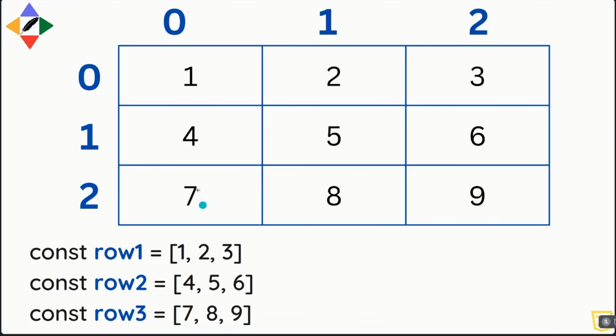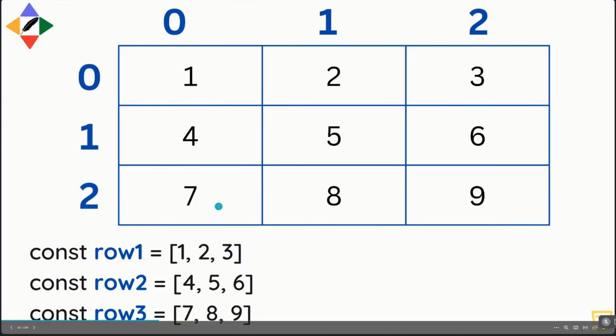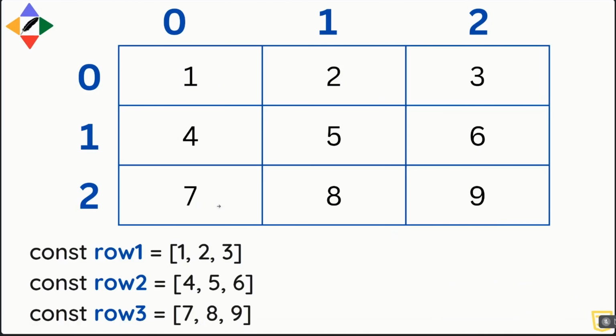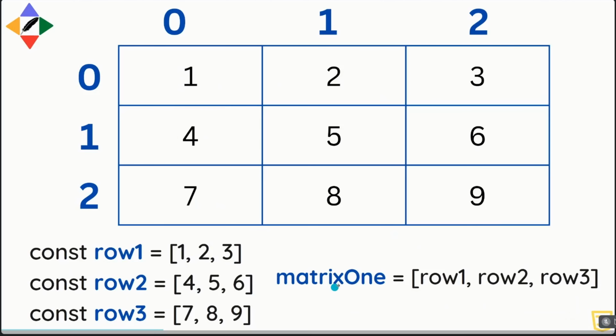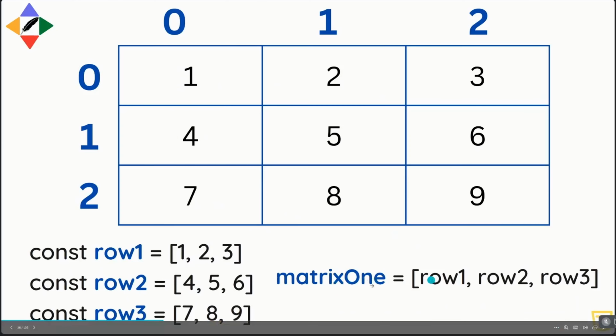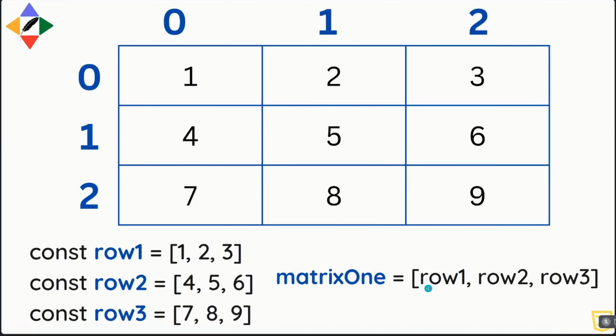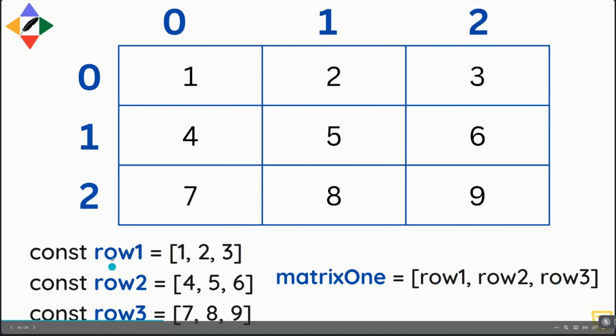So now I have these three rows as three individual single dimensional arrays. Now I want to put these arrays into another array. I can create a matrix which is the outer array, matrix 1, which contains the inner arrays row 1, row 2, row 3, which signifies this.